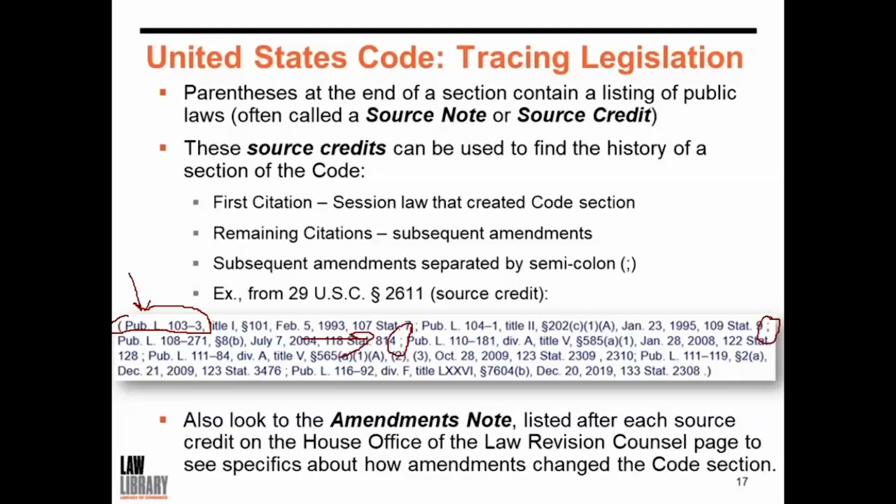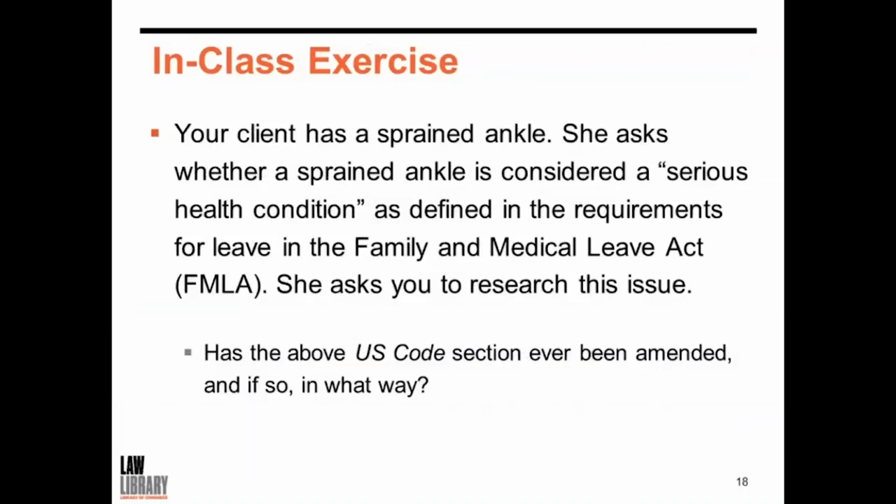I'm going to elaborate on this a little further. Maybe you have a preview of the answer to this question already based on the slide that we just looked at. So here's a scenario, the same scenario we've been working on, and we're researching this issue about the serious health condition. Has the U.S. Code section that we cited before ever been amended, and if so, in what way? Yeah, we know, right?